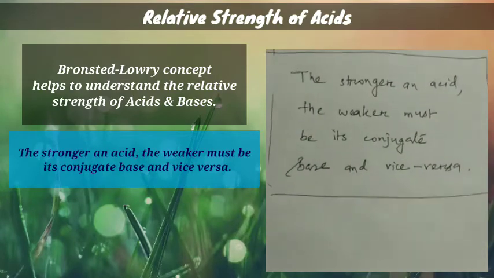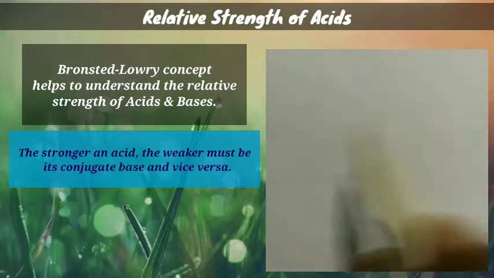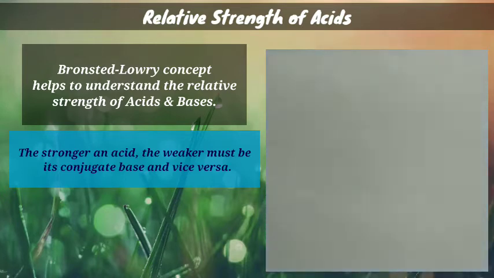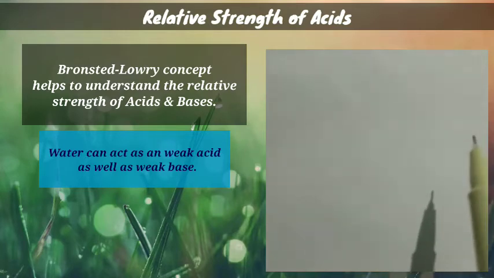So in case of water, what about water actually? Is water a weak acid, or is water a weak base? So actually water is a very weak base, because its conjugate acid, hydronium, is a very strong acid.